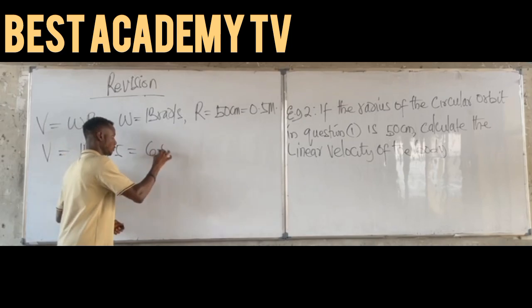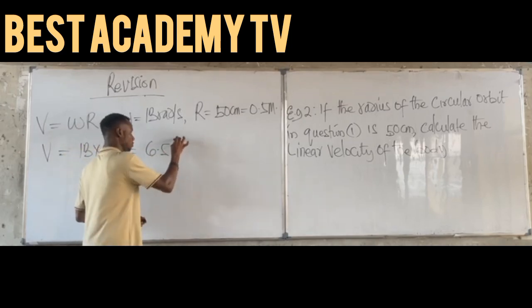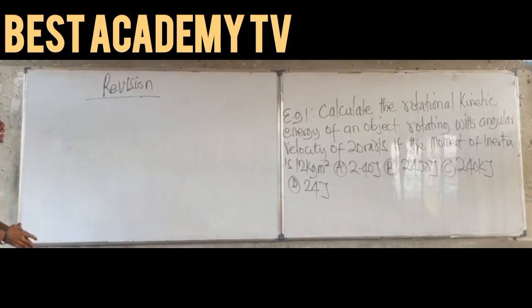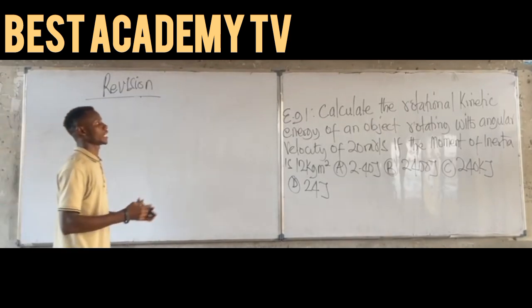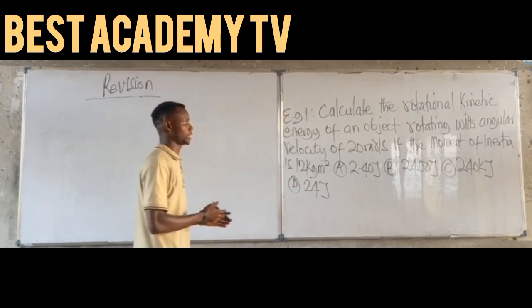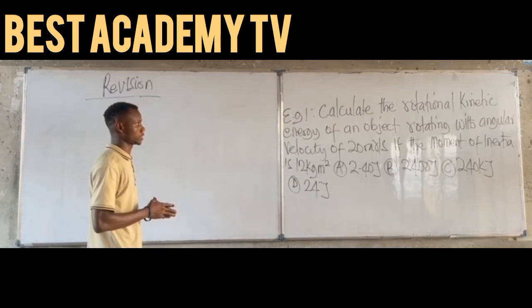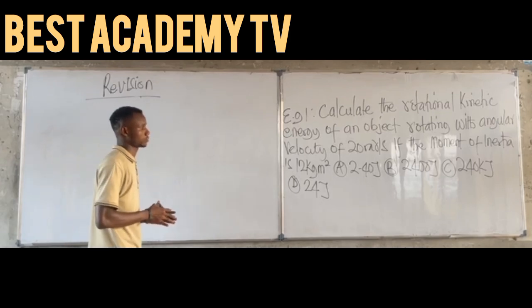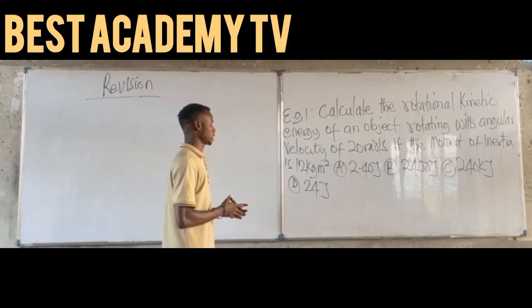That is 6.5 meters per second. Okay? Alright, let's solve the next question here. Calculate the rotational kinetic energy of an object rotating with an angular velocity of 20 rad per second if the moment of inertia is 12 kg meters squared.